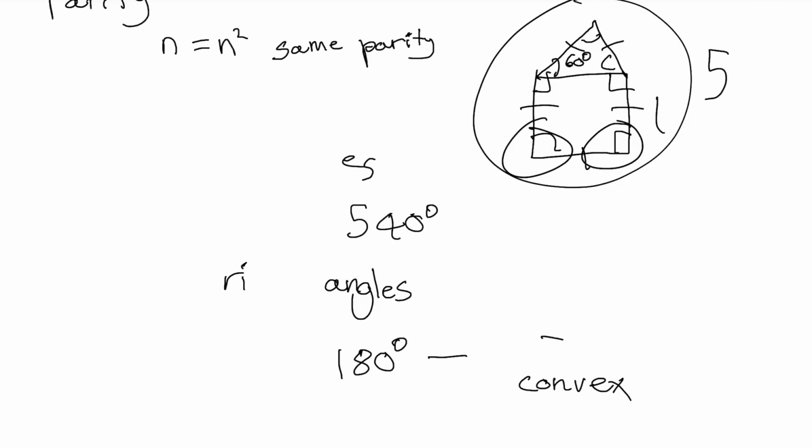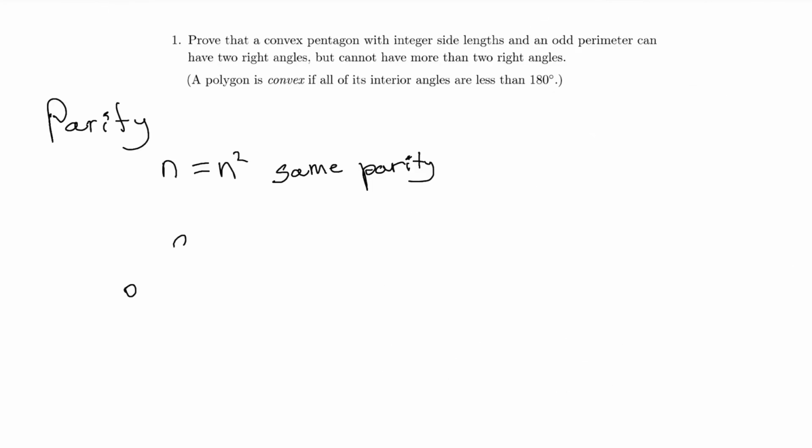Now let's deal with when the pentagon has 3 right angles. Imagine these are the 5 angles the pentagon can have. Let's just say this one's the 90-degree angle. And let's say there's another 90 angle right here. And then now, the places we can choose are all next to other 90-degree angles. So this means if we have 3 right angles and a convex pentagon, 2 of them are adjacent to each other.